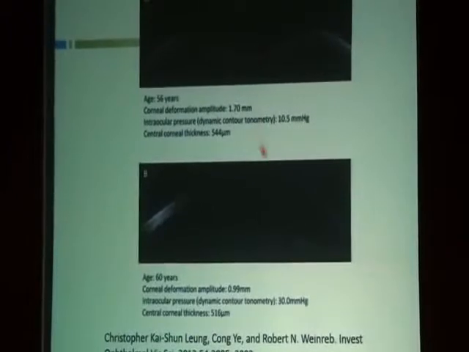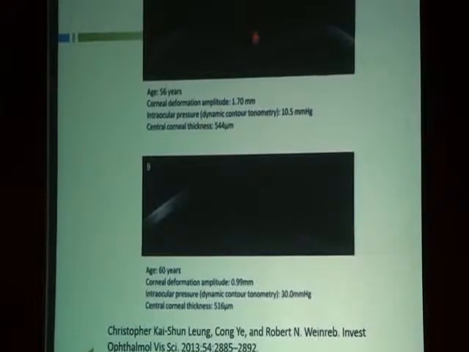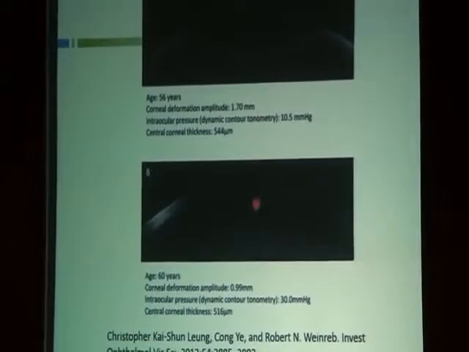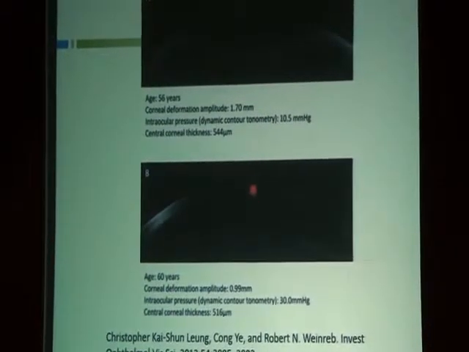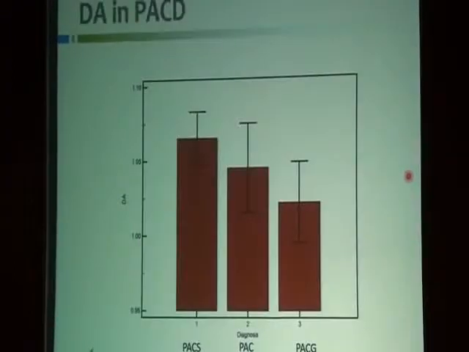This is an example of 2 patients of a similar age group. This patient has a normal intraocular pressure, and this patient has a very high intraocular pressure of 30. You can see that the deformation amplitude is greater in the patient with normal pressure as compared to the person with the higher IOP. So the intraocular pressure plays a role in the corneal deformation amplitude.